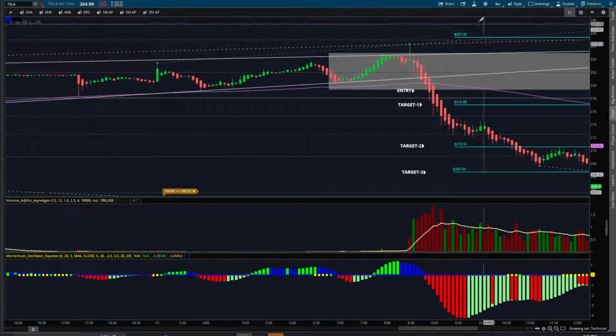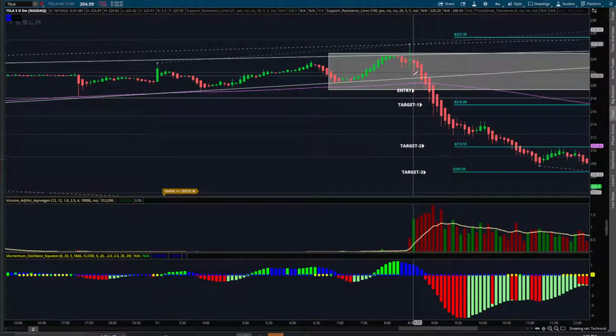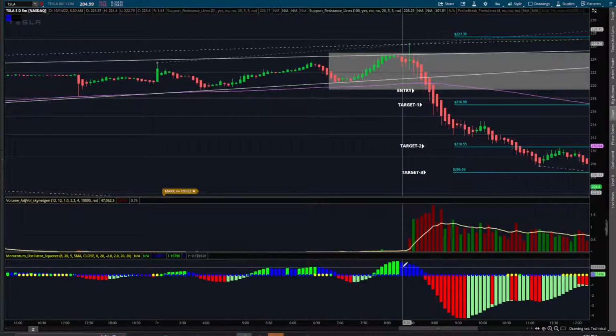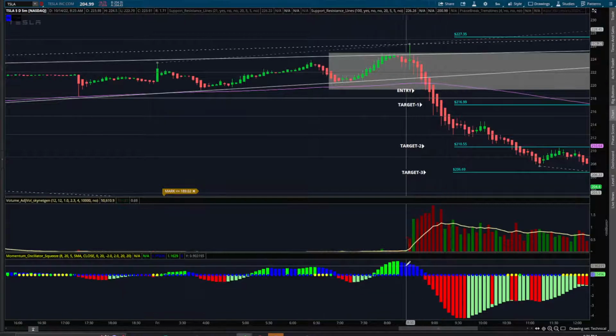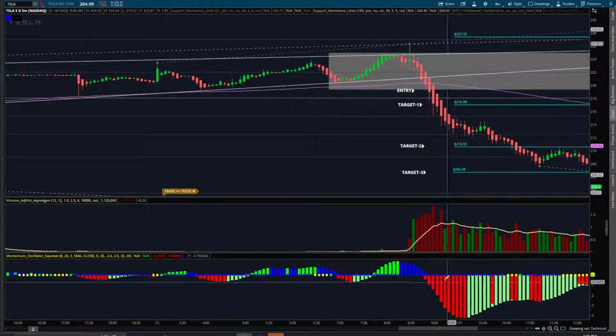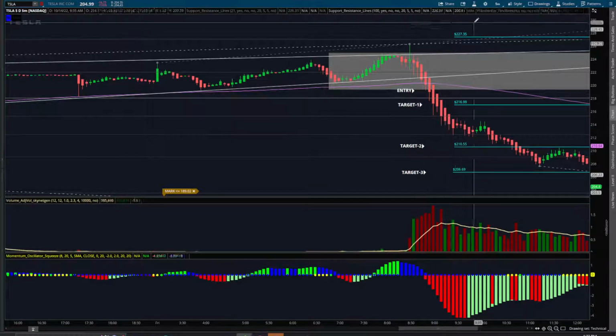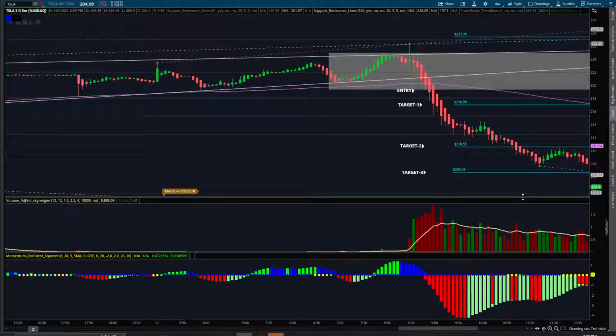On the smaller time frames like the 2-minute and the 5-minute, which I use in conjunction to take a trade, in this case, yeah, it was perfect. But in other cases, it'll keep you out of a trade. It's all over the place when using it on smaller time frames. Sometimes it works, sometimes it doesn't. So don't rely on it too much.